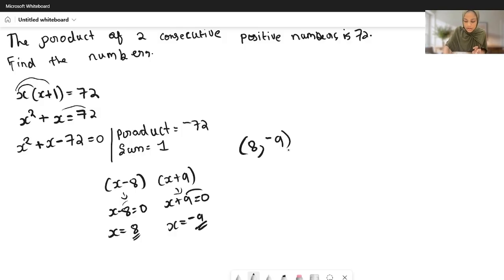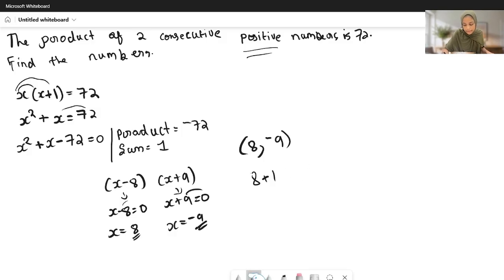So we can take 8 as x, and 8 plus 1 is 9. Okay. So these are the values of x, but we don't need to take minus 9 because it's a positive number. So we don't need to use minus 9. We only need 8 from here.